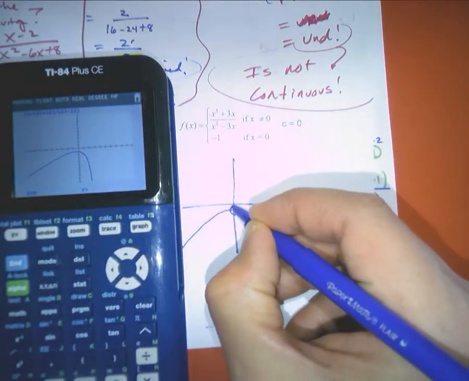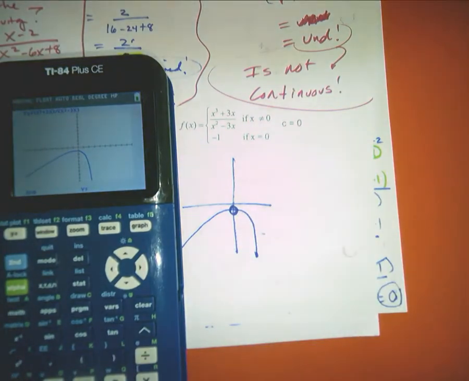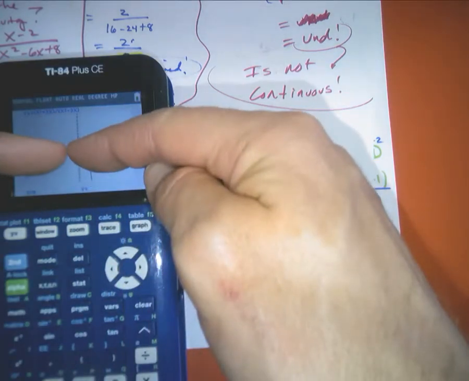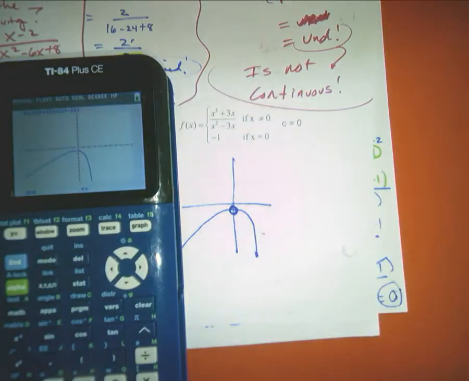There's some kind of hole right there. Is there a limit there? Just looking at this function, is there an intended height? As you approach from the right-hand side and the left-hand side, is it converging on a certain value? Yes.